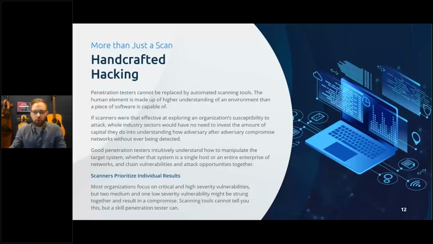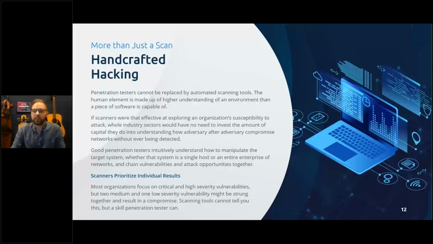Maybe a scan report only has some mediums and lows in it. Anyone who has run a vulnerability scan before has seen the critical in all red, or purple if you use some other scanning products. They've seen the mediums and the lows, and as they go through, it's pretty reasonable, to be honest, to think I'll remediate the criticals and the highs and then we'll get to the other ones later.